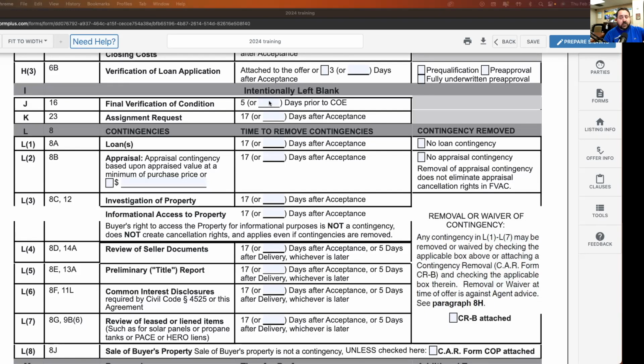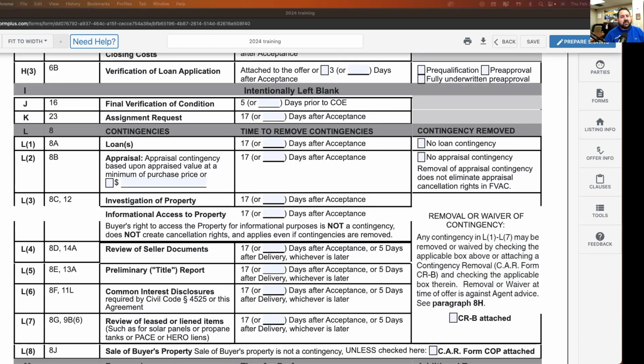So, all right, the first one that we're going to look at right there is 3L1, which is the loan contingency period. Now, the default is 17 days. If I am a listing agent and I am looking at offers, I really don't have a problem with the 17-day loan contingency period unless the buyer that's writing the offer has lowered the escrow period, right?